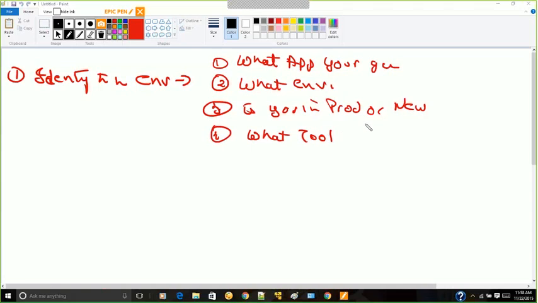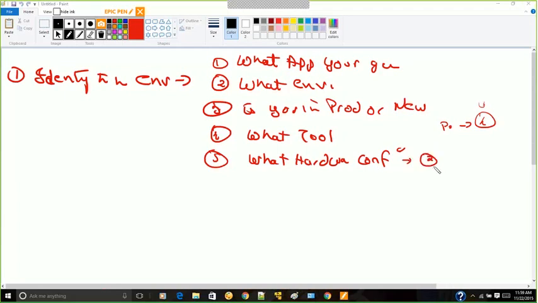And then five, what hardware configuration you get. So that means, for example, in production you might have four servers for your application server, but in your test environment you might have only two. So it's a 50% scaled down version. You have to find that out right before you even start your test.